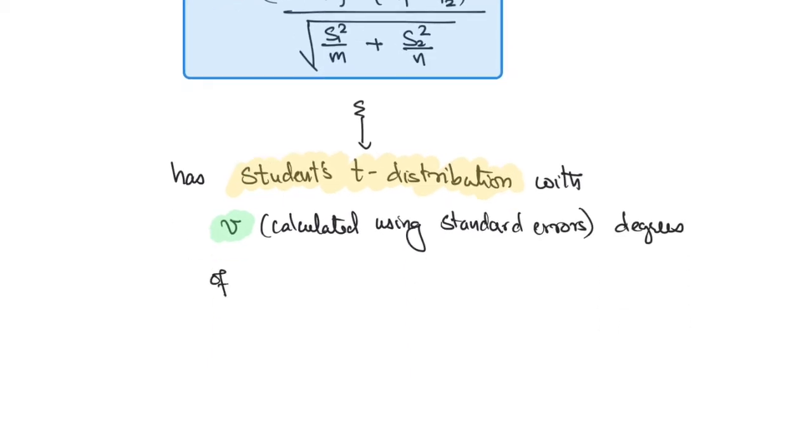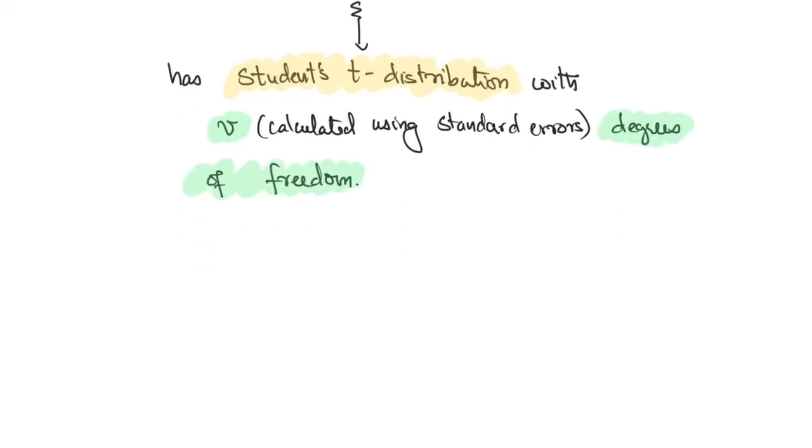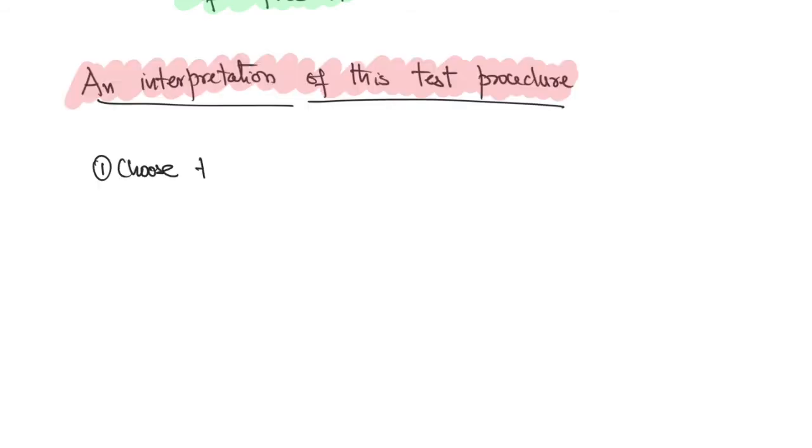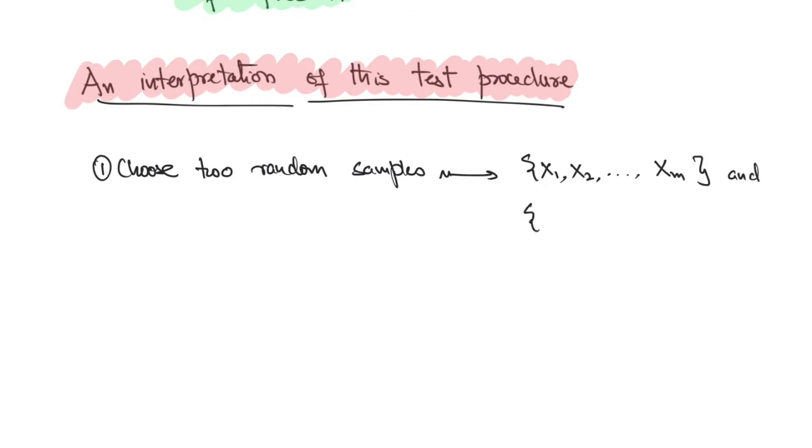This is an important test, and it has many applications, and an interpretation of this testing procedure can be as follows. Suppose we choose two random samples, x1, x2 up to xm, and y1, y2, y3 up to yn, coming from a fixed population independently.